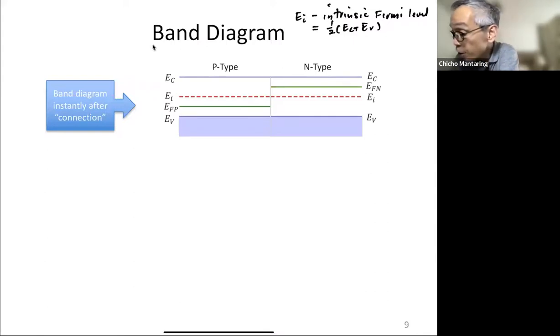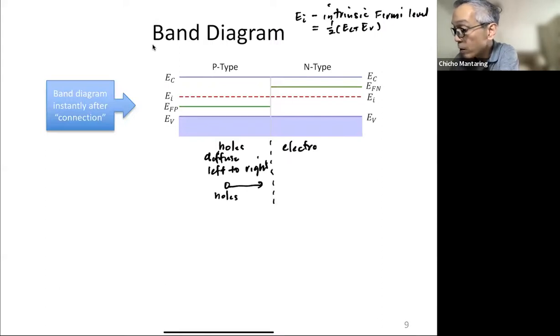So what will happen is you're going to have holes diffusing left to right. So some holes will diffuse here. And then you have electrons diffusing right to left.